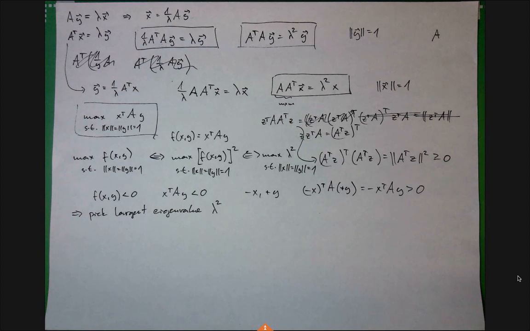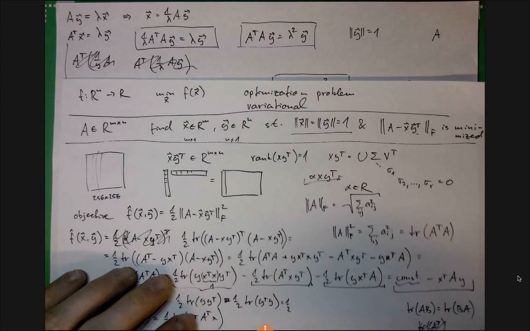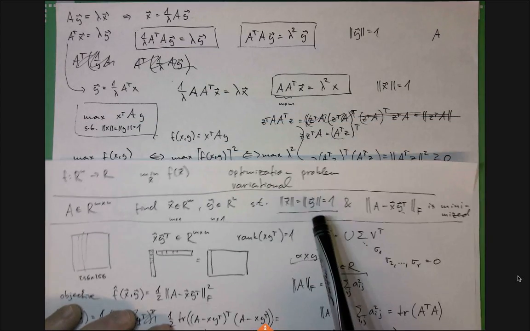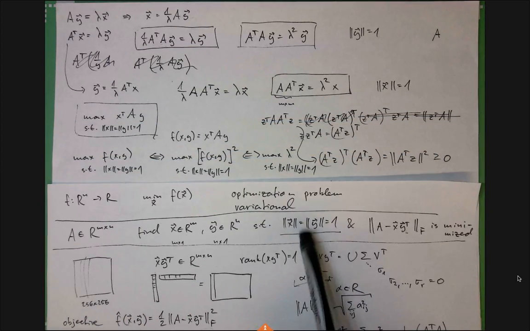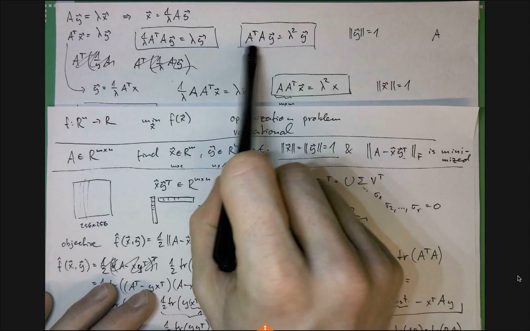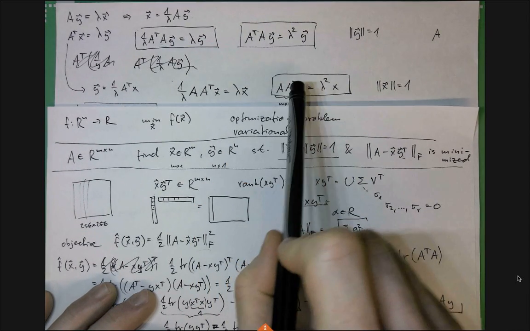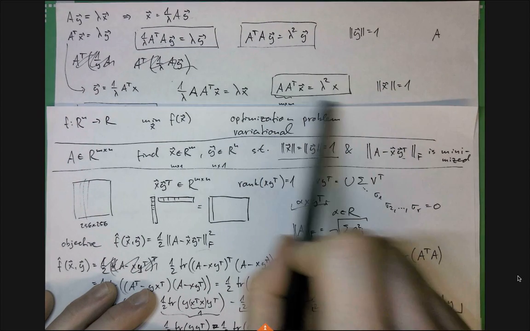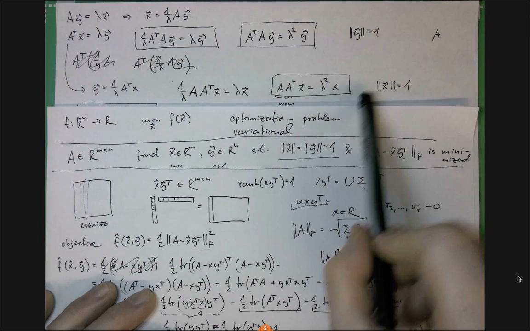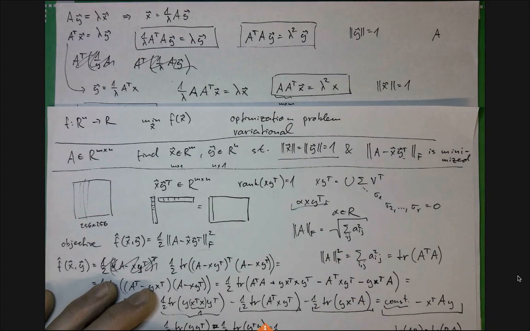And that's the solution to this optimization problem. We obtain it by forming the matrices ATA and AAT, finding the eigenvectors which correspond to the largest eigenvalue, and normalizing them. That's it.